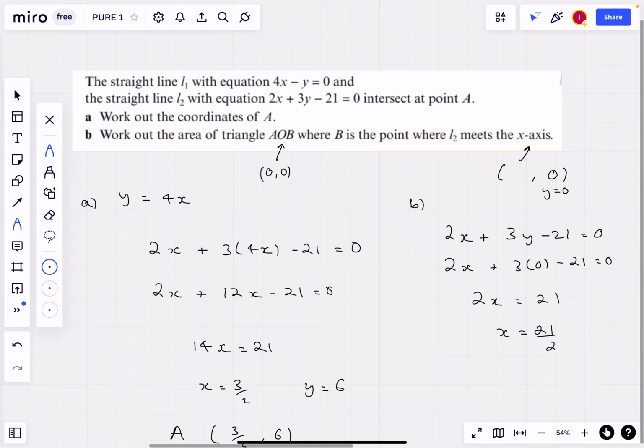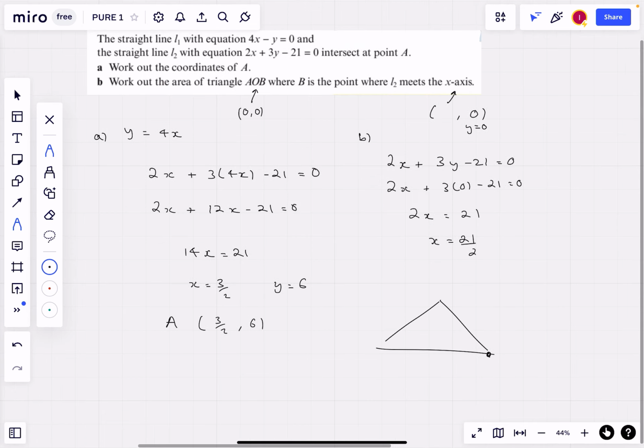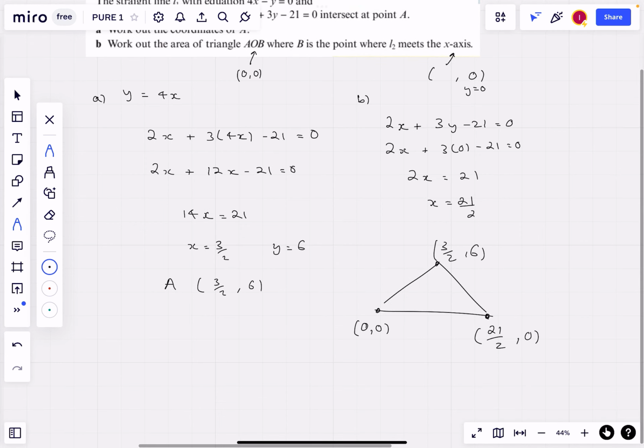Okay. If we were to draw a triangle, then this point here will be 0, 0. This will be 21 over 2, 0. And this would be 3 over 2, 6. To work out the area of a triangle, we do half base times height.